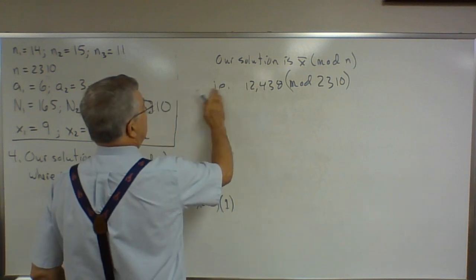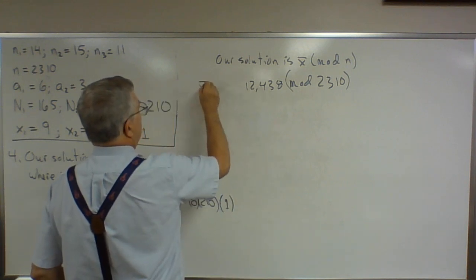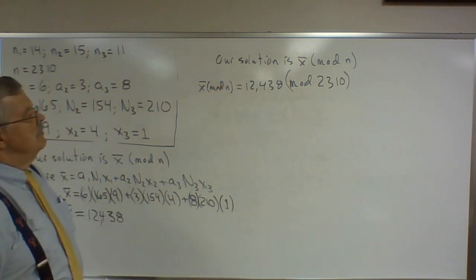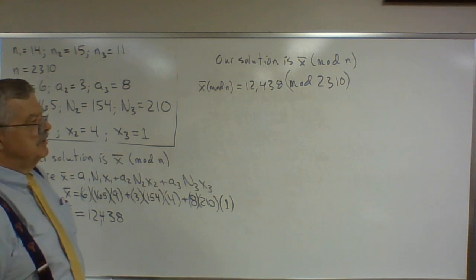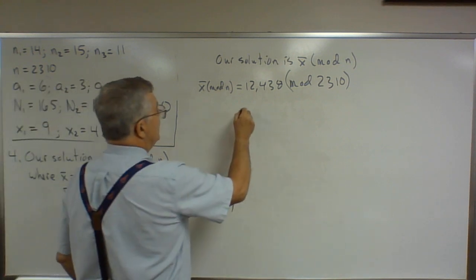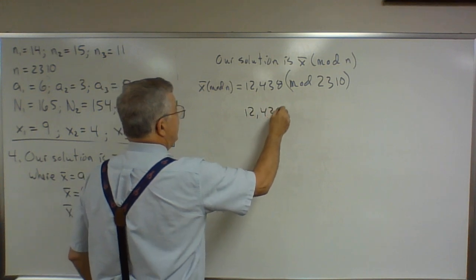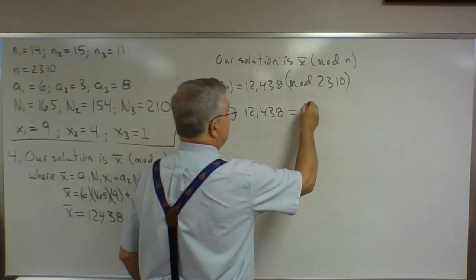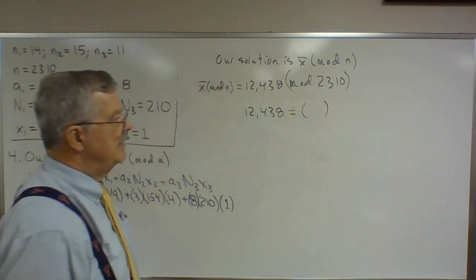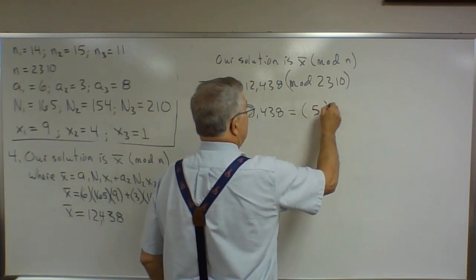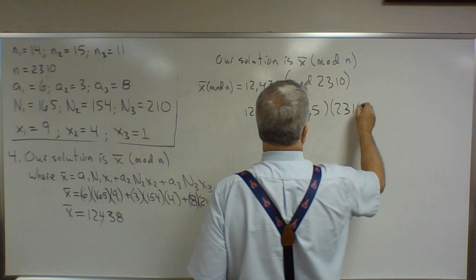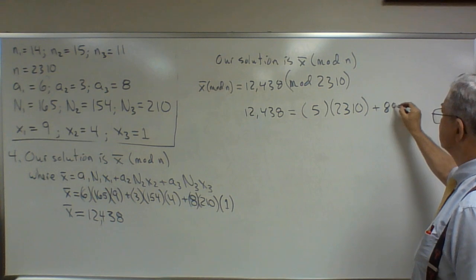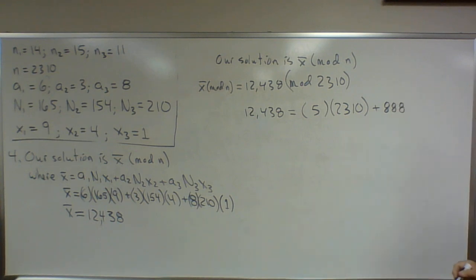Okay. Holy moly. Well, let's see. I did this out also. 12,438 is equal to, is that 5 maybe? 5 times 2,310 plus a remainder of 888.